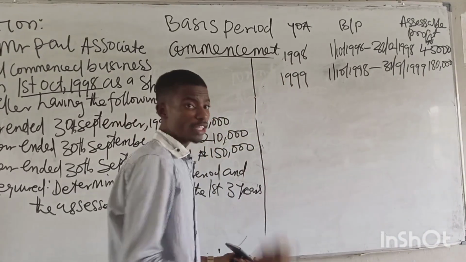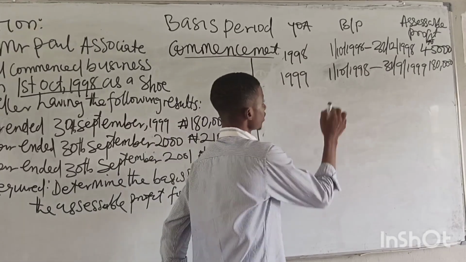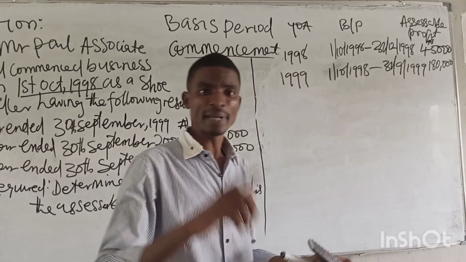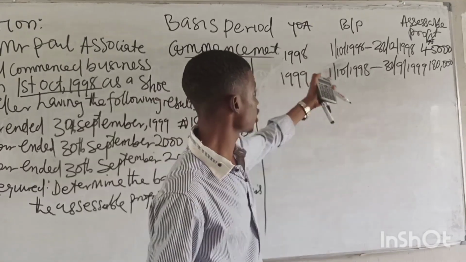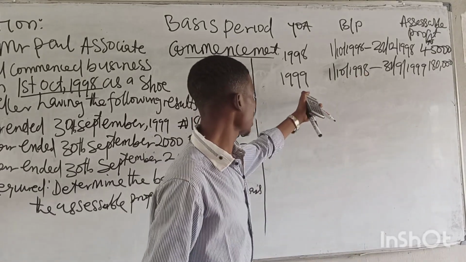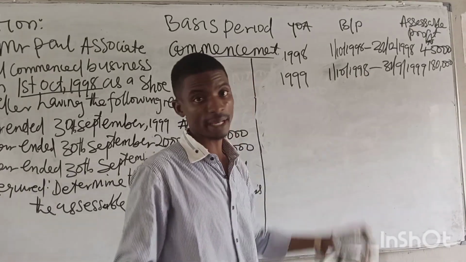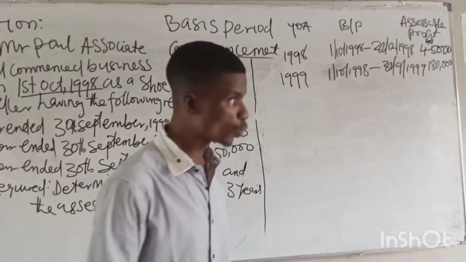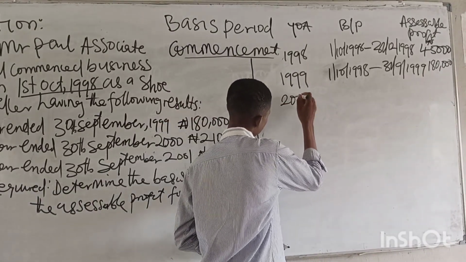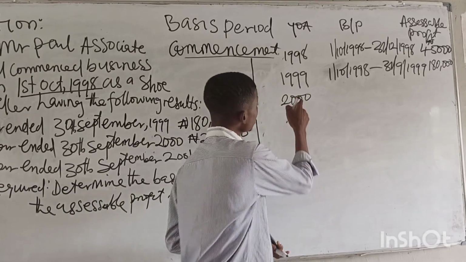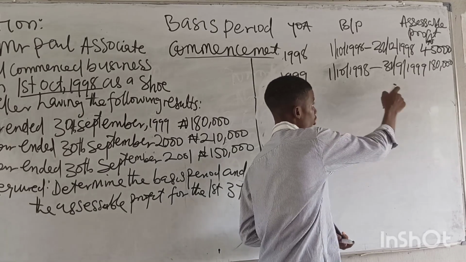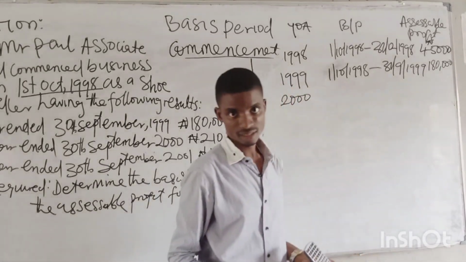On the third year, the commencement rule is that the third year is going to be on preceding year basis. Remember that the first year and second year were computed on actual year basis. So the third year, the year of assessment, is going to be 2000. And since the year of assessment is 2000, the basis period must end in 1999.